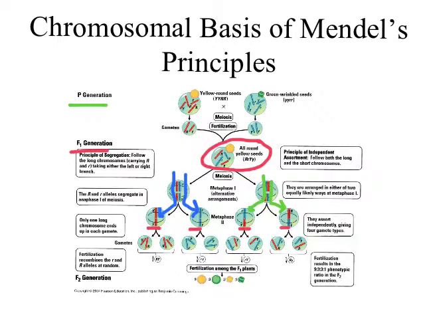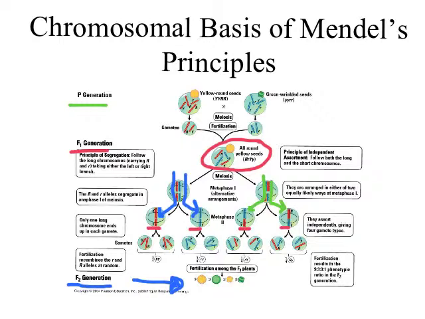Okay, so we can see that we can get a whole bunch of combinations, and that's exactly what Mendel saw in his F2 generation. He saw a whole bunch of combinations of phenotypes in those F2 plants, right?